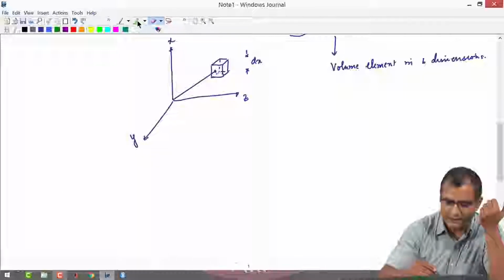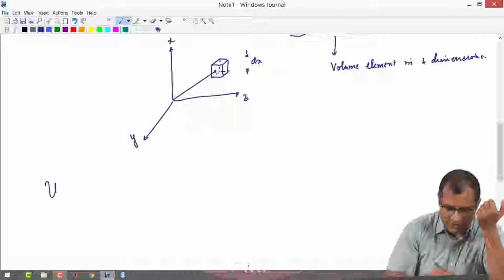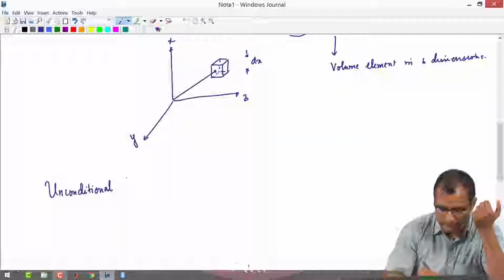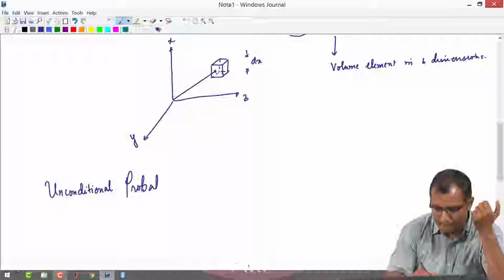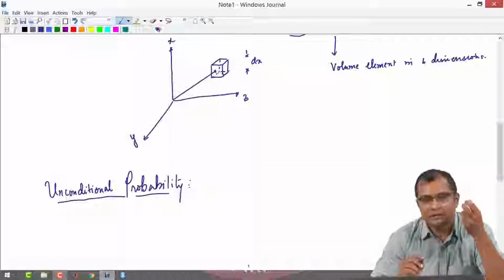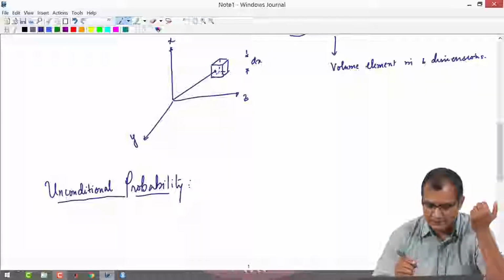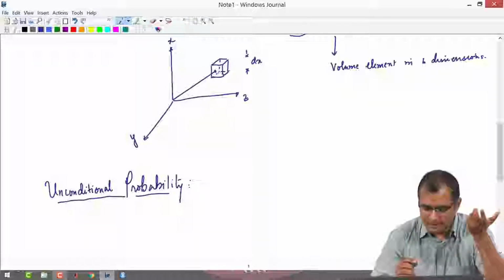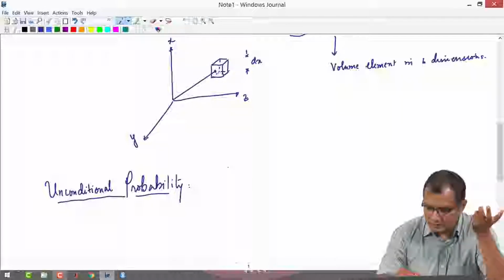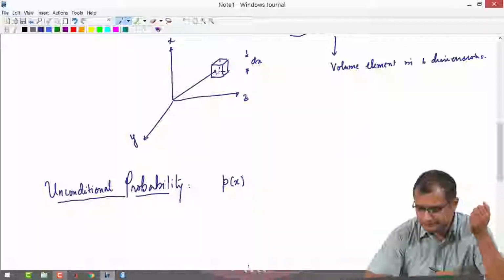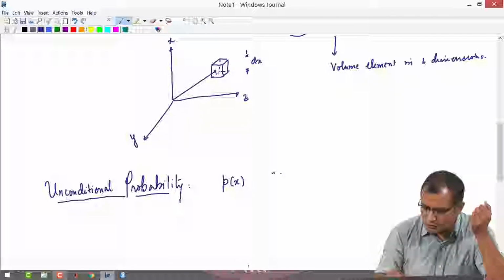So if you want to know the unconditional probability of finding a particle in a location x, the word unconditional probability means, suppose you want to find the probability of finding a gas particle at location x, and you don't care about velocity.